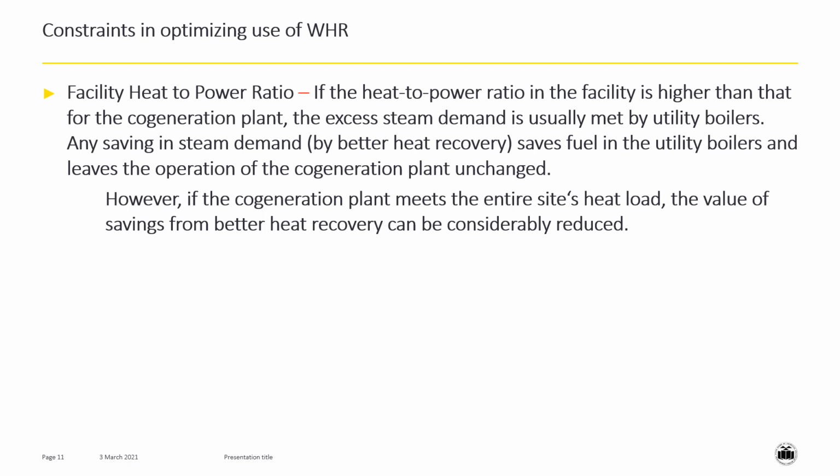Any saving in the steam demand by using better heat recovery process saves fuel in the utility boilers and operation of cogeneration plant remains unchanged. However, if the cogeneration plant meets the entire site's heat load, the value of saving from better heat recovery can be considerably reduced.